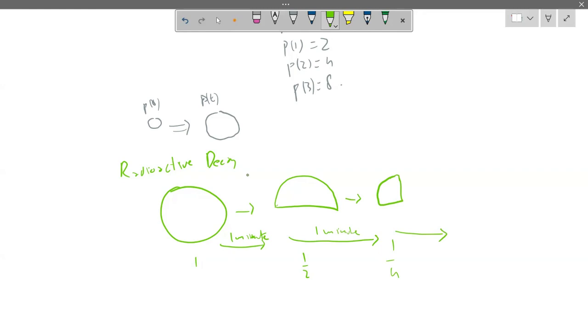If you keep observing your radioactive matter, you will see that it halves in size after every minute. So the amount of time that it takes for radioactive matter to reduce in size to half of what it originally was is called the half-life.